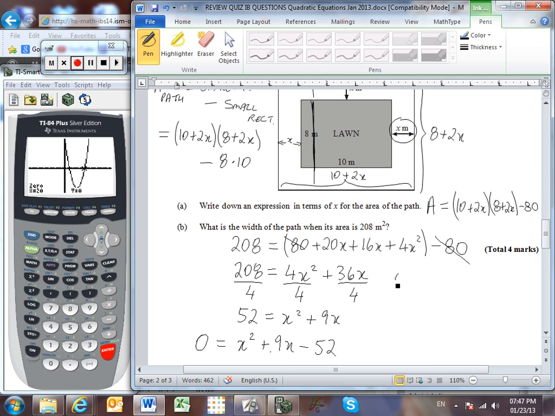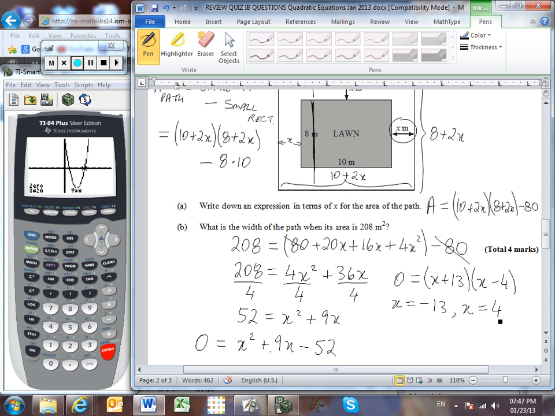Little bit of work will show you that those numbers are positive 13 and negative 4. And so using the zero product property, either x plus 13 is equal to 0, which means that x is negative 13, or x minus 4 equals 0, which means that x equals positive 4.